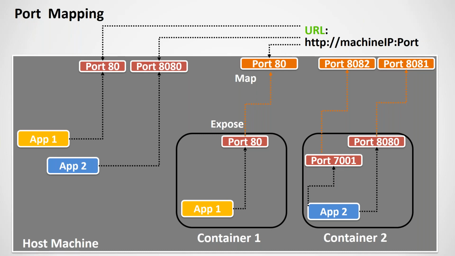So this is how every application will be mapped to a particular port number which is available on the host machine. Remember this. This is what we call port mapping.